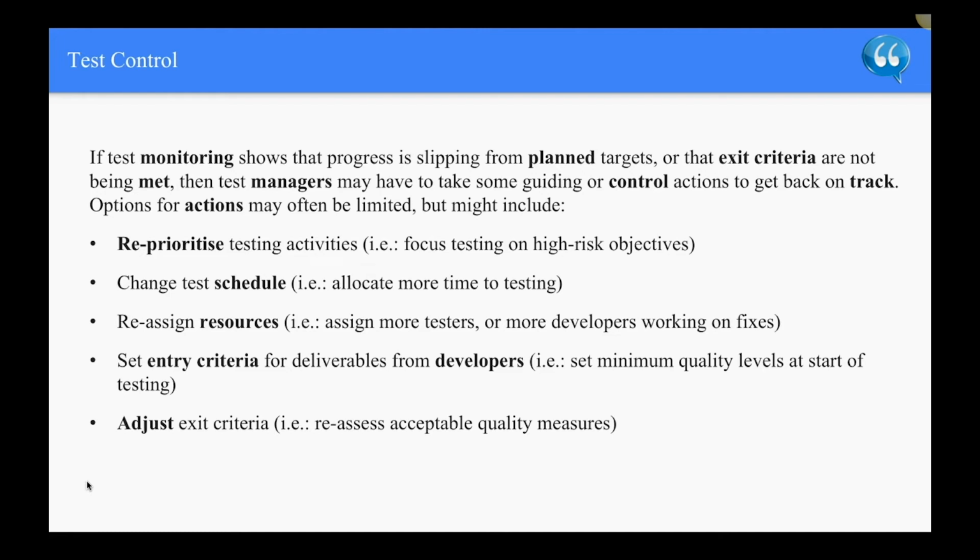Options for actions may often be limited, but might include reprioritize testing activities, for example, focus testing on higher risk objectives, change test schedule, for example, allocate more time to testing, reassign resources, for example, assign more testers or more developers working on fixes, set entry criteria for deliverables from developers, for example, set minimum quality level at the start of testing, and adjust exit criteria, for example, reassess acceptable quality measures.